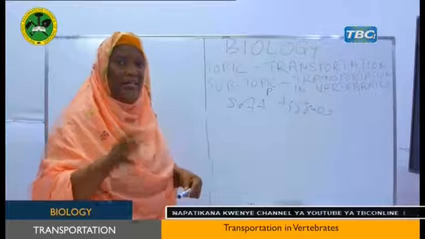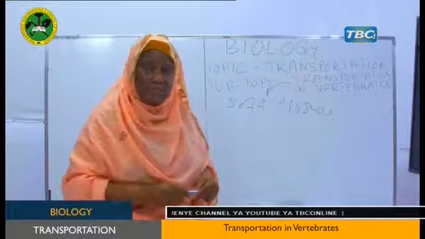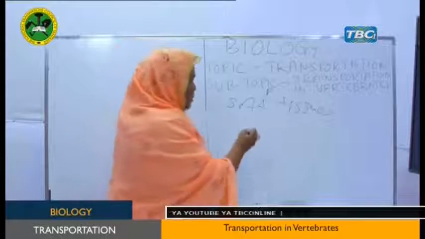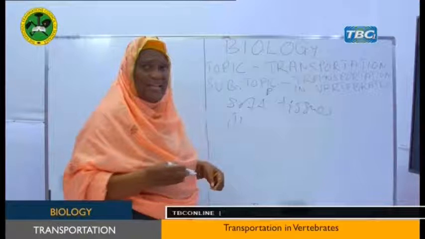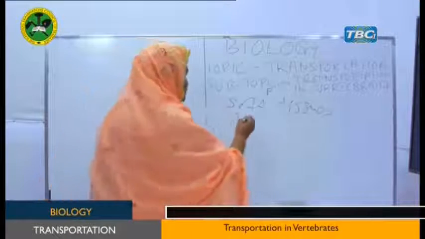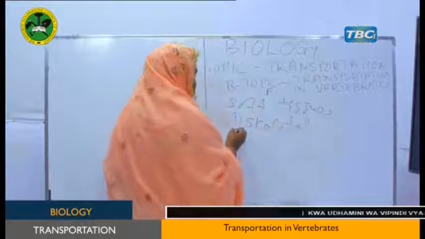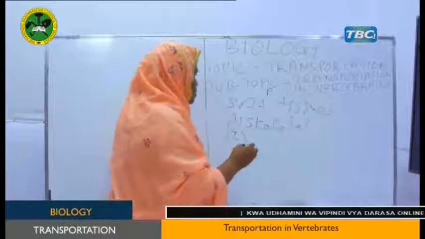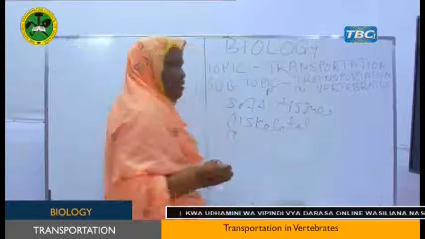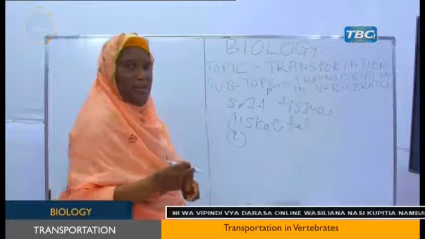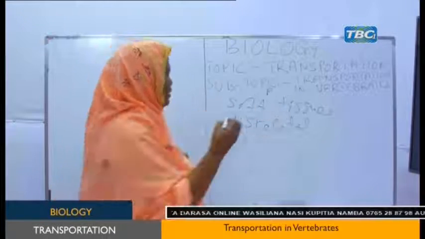There are 3 types of muscles. First one is known as skeletal muscles. Another one is cardiac muscles.